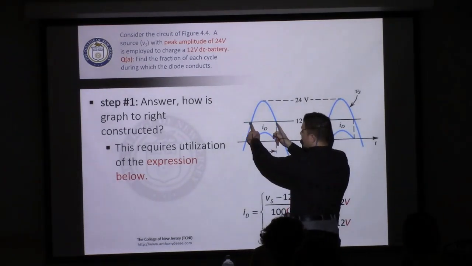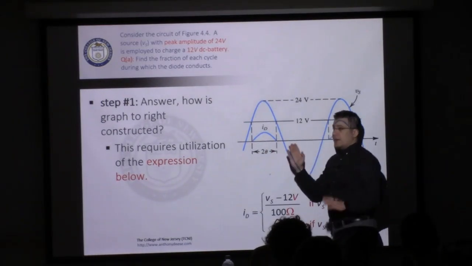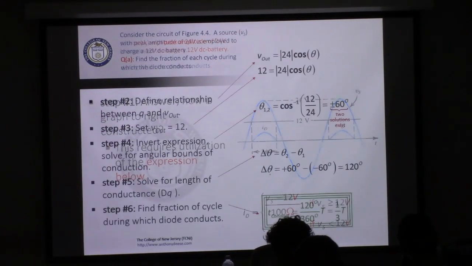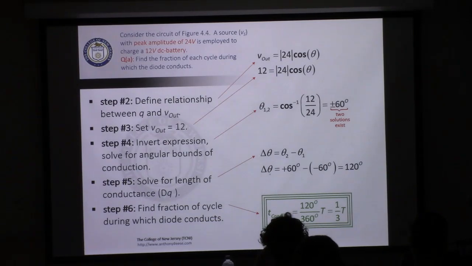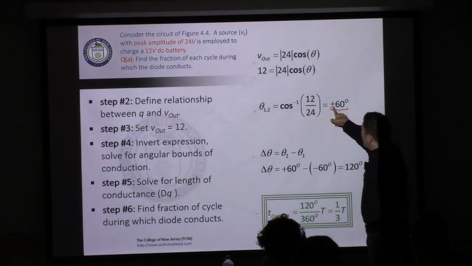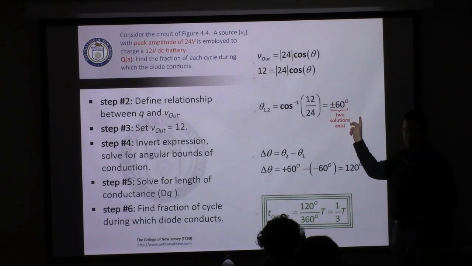The difference between those points is going to be the conduction interval. So when we come up with those angles, it's inverse cosine of 1/2, and the answer is plus or minus 60 degrees.